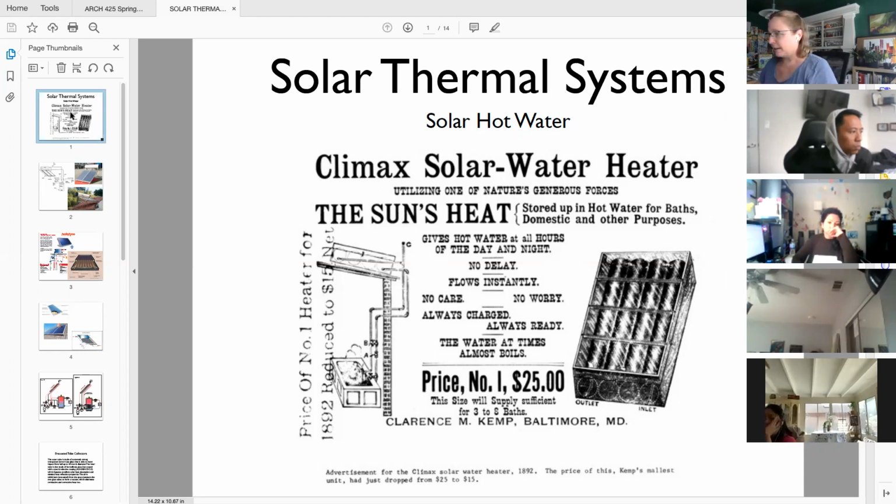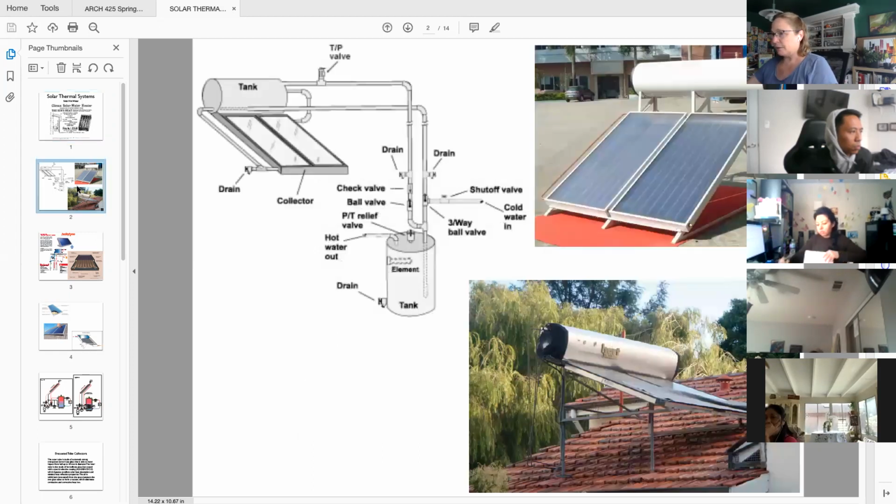So not rocket science, it does rely on flow of water, and therefore gravity can be an issue, although with modern technology and pumps, easily overcome.